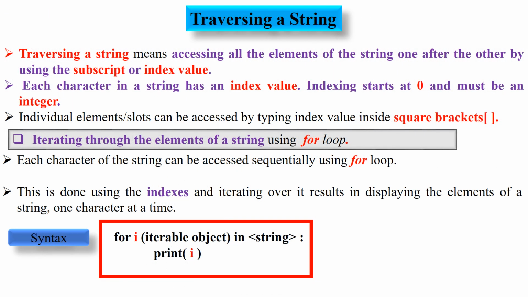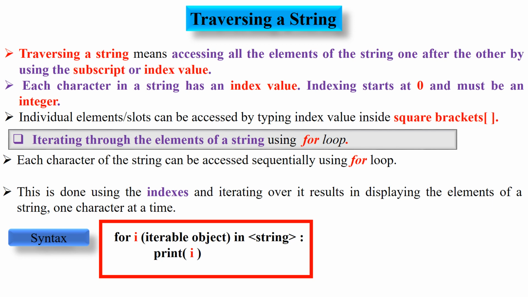Traversing a string means accessing all the elements of the string one after the other by using the subscript or index value. Each character in a string has an index value. Indexing starts at 0 and must be an integer. Individual elements or slots can be accessed by typing the index value inside square brackets.